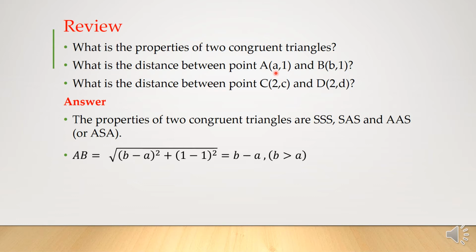So we put small a here, small b here. And 1 minus 1 is 0. So the square root, since this one is to the power 2, it can come outside. And you have to give the condition, b must be greater than a.